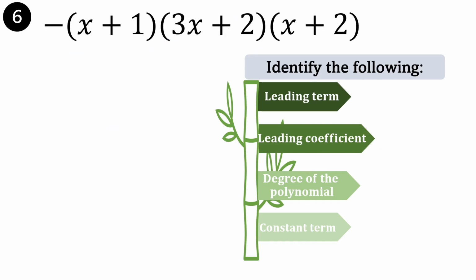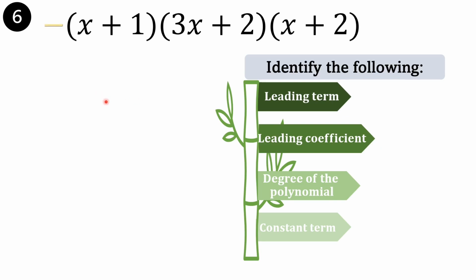Another example: negative times the quantity of x plus 1 times the quantity of 3x plus 2 times the quantity of x plus 2. Again, we are going to expand the factored form by the distributive property.